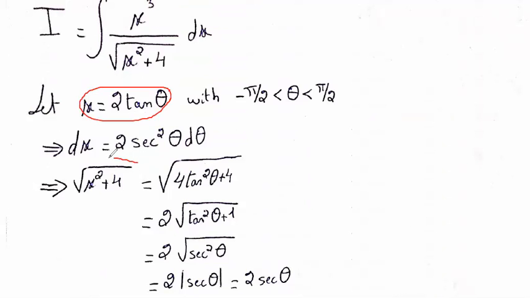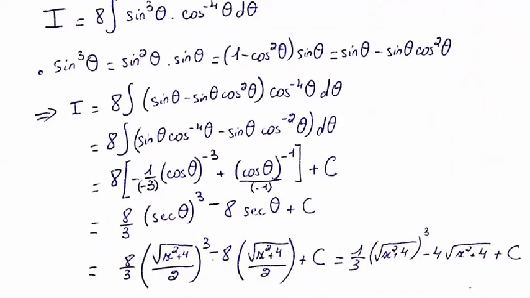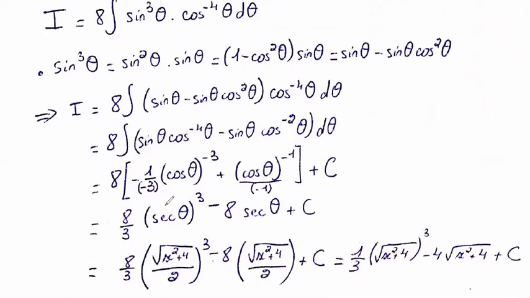What we also have is that radical of x squared plus 4 is 2 secant theta, which means secant theta is the square root of x squared plus 4 over 2. And this is the one that we are going to use. So we replace in our final answer secant theta by square root of x squared plus 4 over 2.